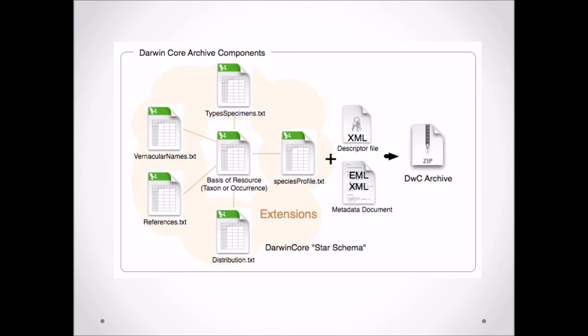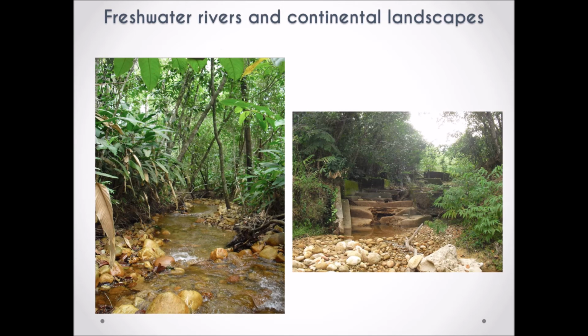We also follow the Darwin Core archive components. This way we can have information organized and standardized. There are 2 main types of landscapes that we as a research laboratory go to in the field. First, we have freshwater rivers, and second, we have continental landscapes.